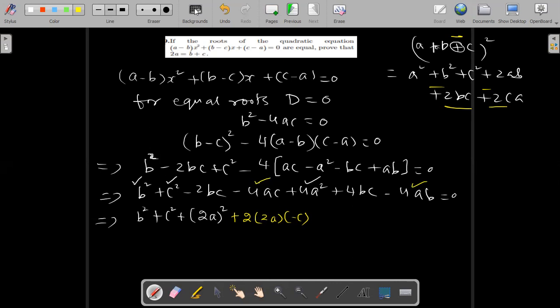A is common, so don't take c negative. When a is common, you will take a negative. Here 2a minus 2a will be negative. And similarly, this is plus 2bc.